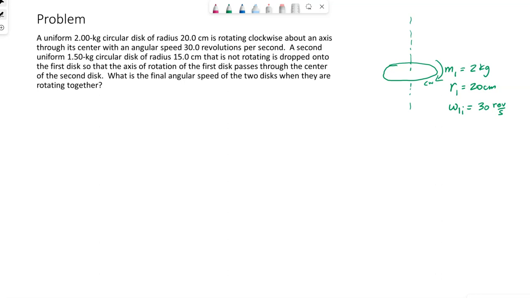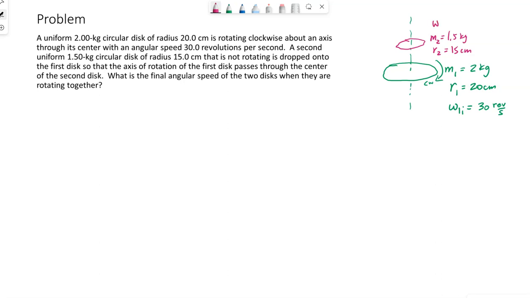A second uniform disk that is not rotating is dropped onto the first disk. So we have a second disk, M2 1.5 kilograms, radius 15 centimeters.